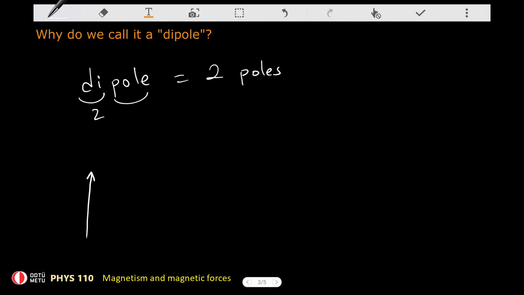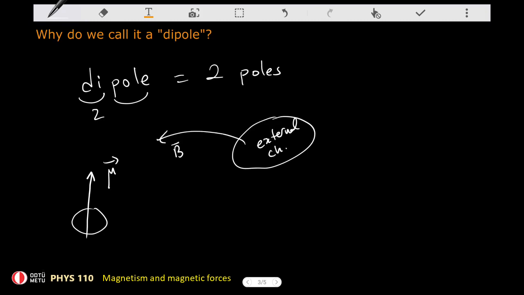This magnetic dipole moment, we have introduced to describe the interaction of the atom, or whatever that physical system is, a current distribution, with an external source of magnetic field. So there are some external moving charges here that produce a magnetic field.